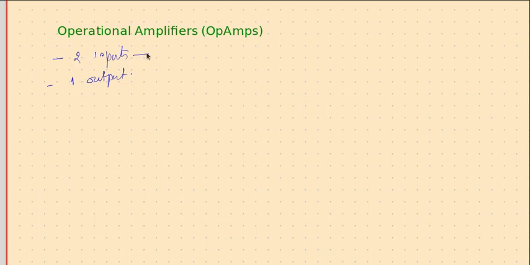and these two inputs are given to a difference amplifier. So that means the difference of the two inputs is found out, and that difference gets amplified and finally comes out as one output.